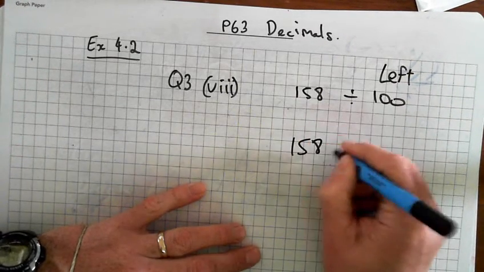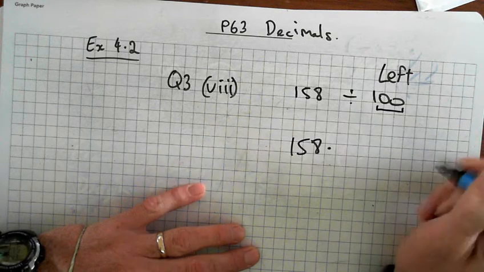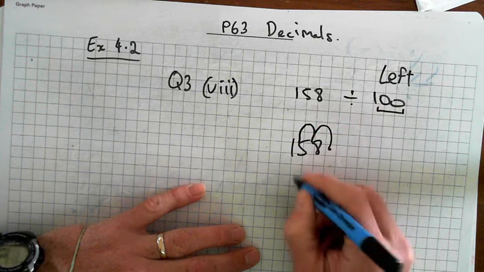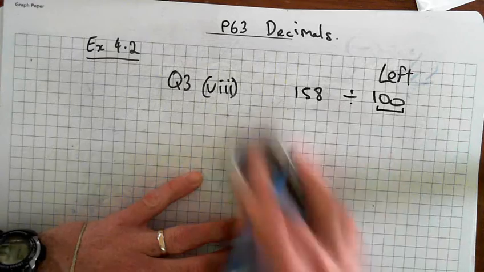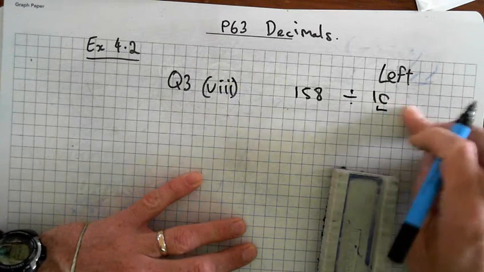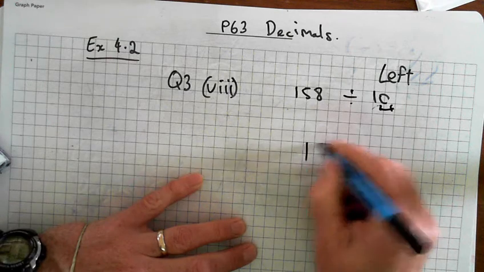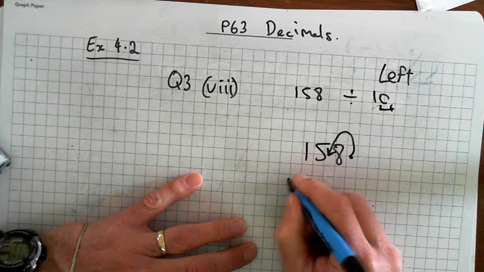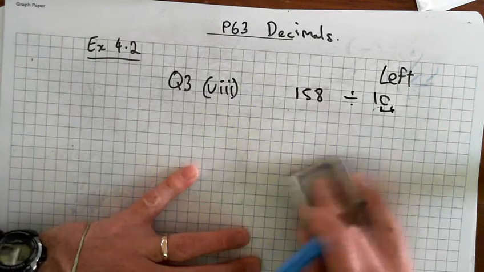So 158, the decimal point is there, and we move it 2 zeros, that means 2 spaces to the left. 1, 2, 1.58. What happens if I change that to 10? 1 space to the left. That's 15.8, isn't it?